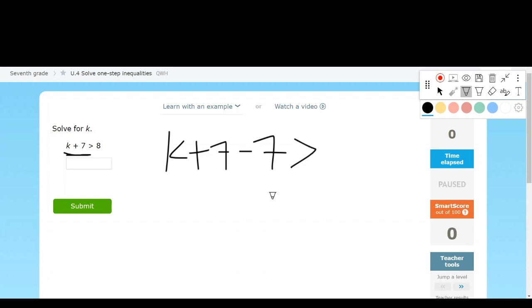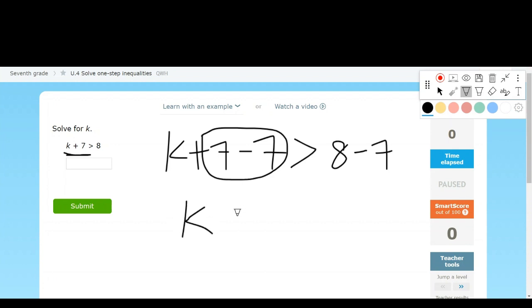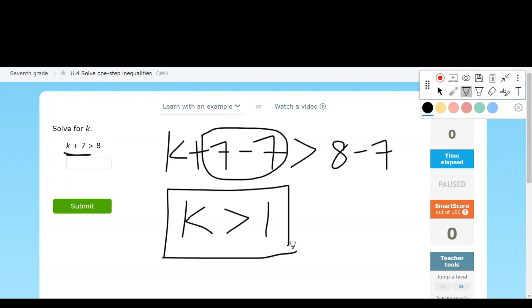But you must remember, what we do to one side, we must also do to the other side. And you'll notice 7 minus 7 becomes 0, so we just are left with k is greater than 8 minus 7, which is 1. And we're left with k is greater than 1.